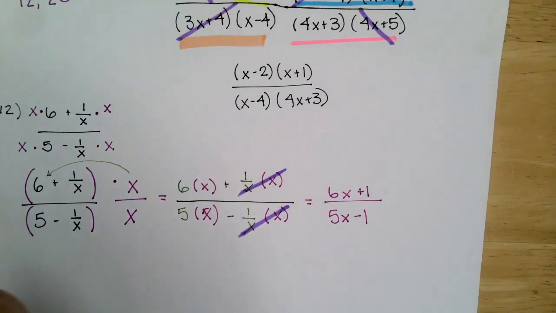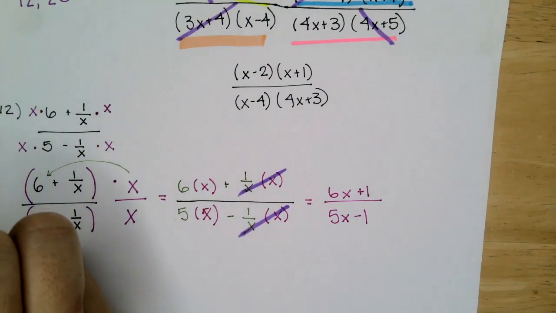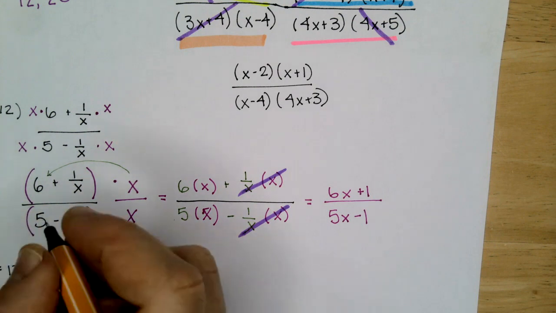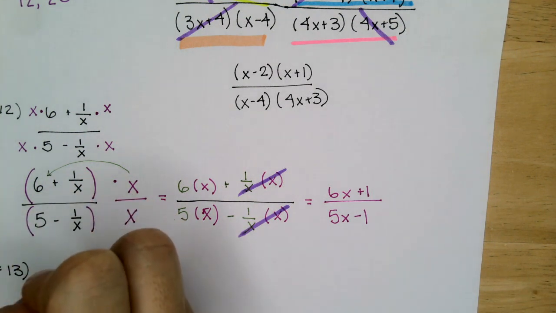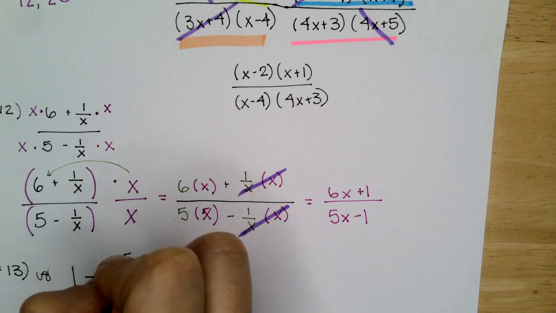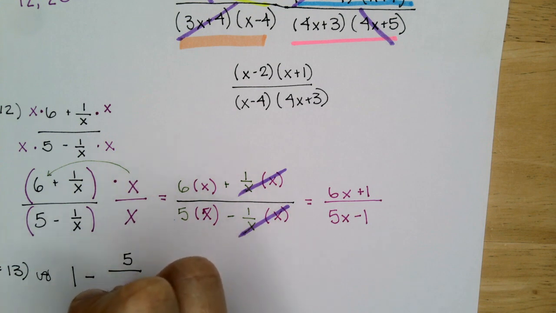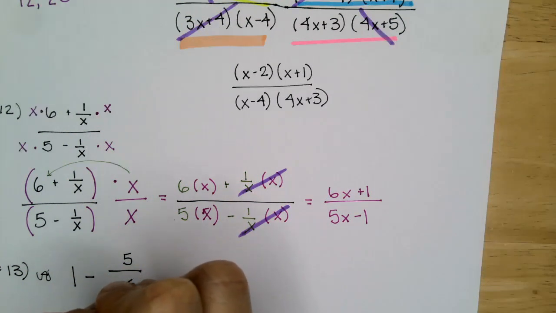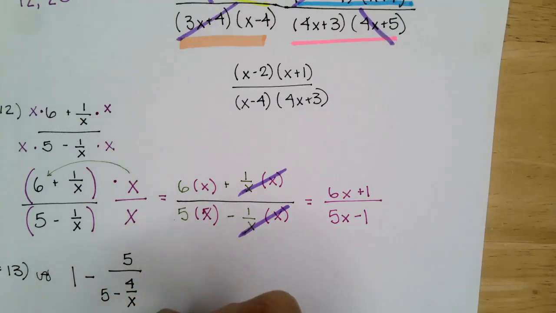13, a little different. 13 is 1 minus 5 over 5 minus 4 over x.